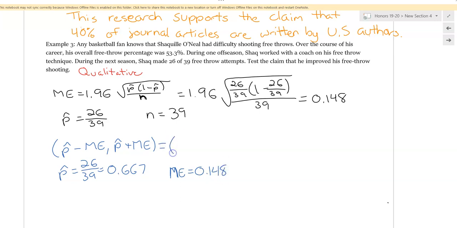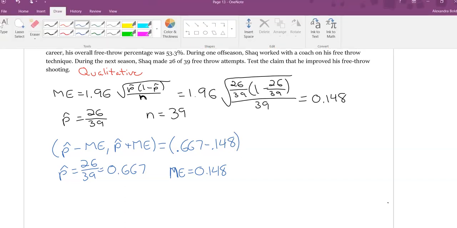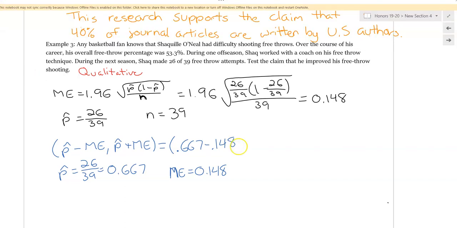So we're going to have 0.667 minus 0.148, comma, 0.667 plus 0.148.